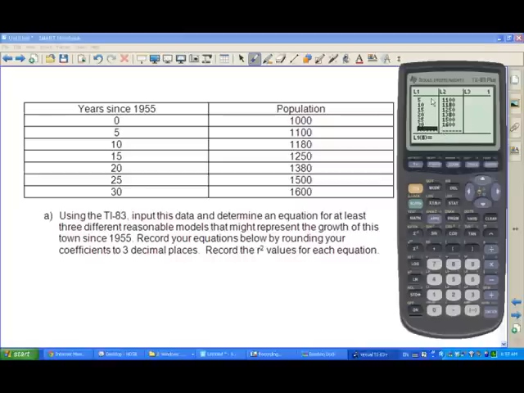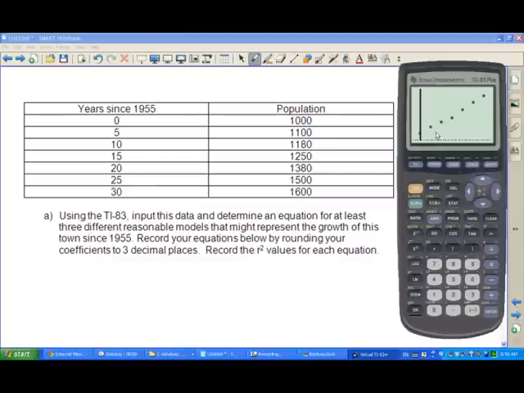So I put my values into the calculator. I want to graph this, so I'm going to press second function and then y equals. And this will help me make sure that my plot is on. I'm going to hit enter twice to turn my plot on. And I'm also going to zoom in on my stat. So I press zoom and then number 9 for zoom stat.